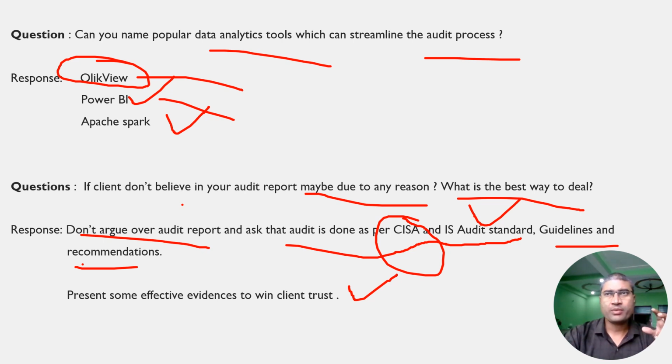So what are the applicable rules and regulations, right? You can take the name. Okay, so audit can be done as per the CISA process and IS security standards, guidelines, and recommendations, and draft some effective evidence to win the client's trust. So this is very important.